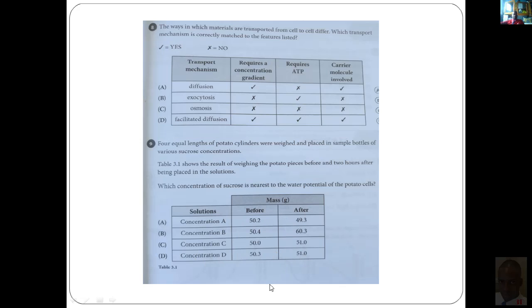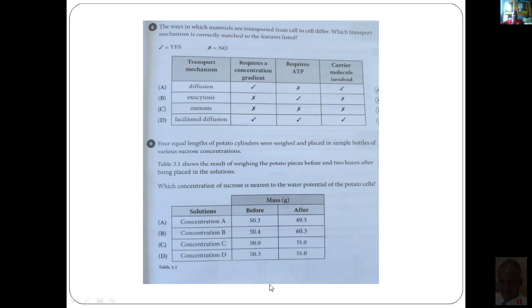C, the cell weighed 50 grams, and afterwards weighed 51. So that's an increase of 1 gram, which showed it is similar to, sorry, not A, B. There's an increase in mass, so it still meant that the water potential outside of the cell is higher, so the water moved into the cell.